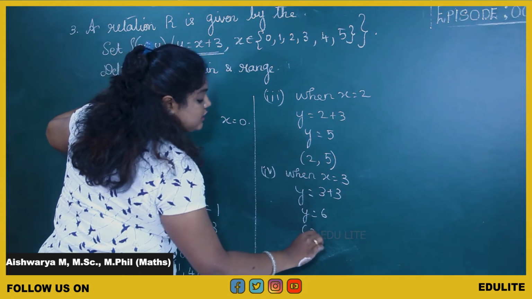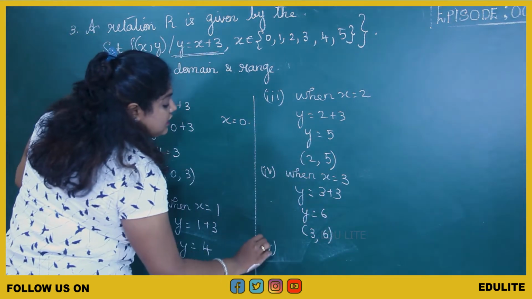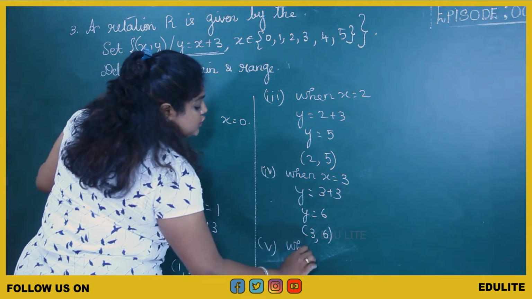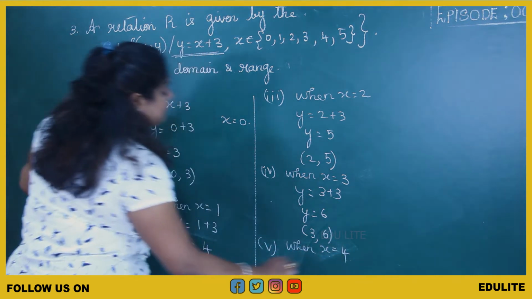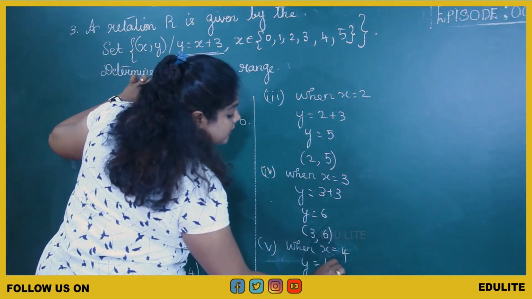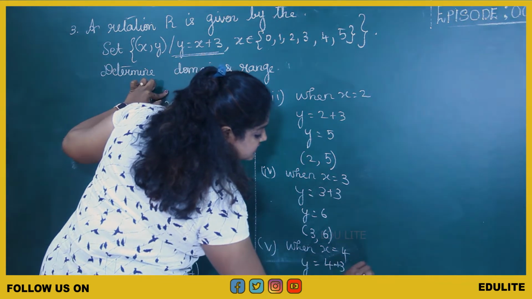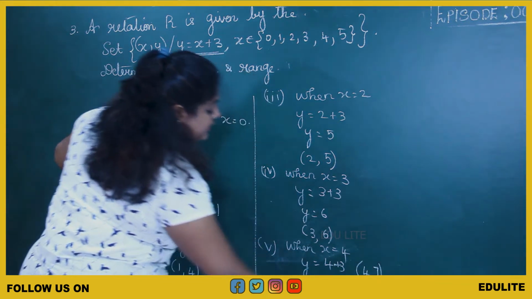So when x equals 3, y equals 6. Next, when x equals 4, we substitute in the same equation. We will get y equals 4 plus 3, y equals 7. So when x is 4, y value we got is 7.